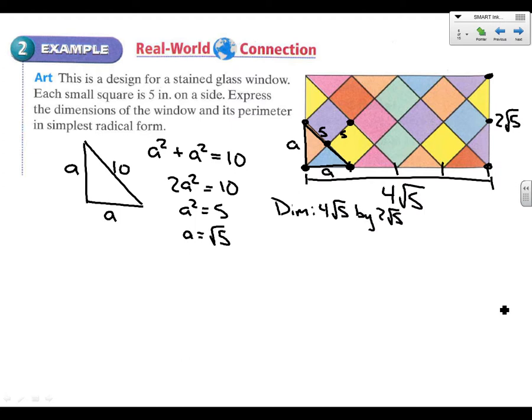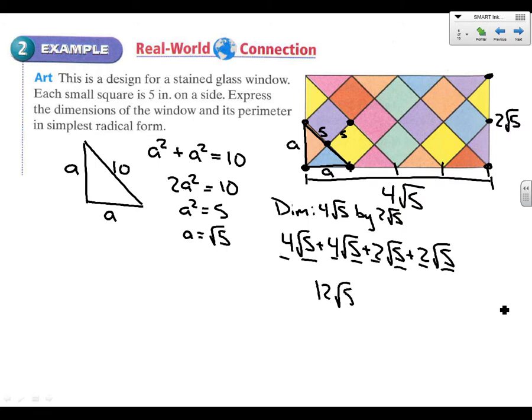The perimeter, we're going to add those up. 4 root 5 plus 4 root 5 plus 2 root 5 plus 2 root 5. All of the radicands and indexes are the same. These are like radicals. So 4, 8, 10, 12 root 5 would be our perimeter.